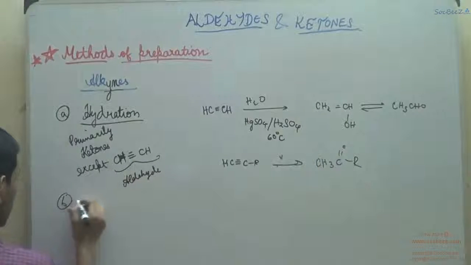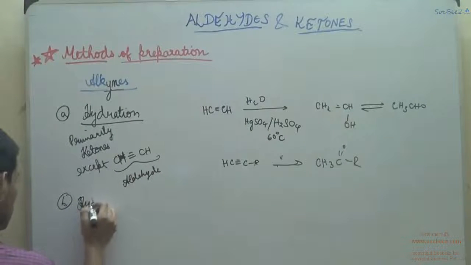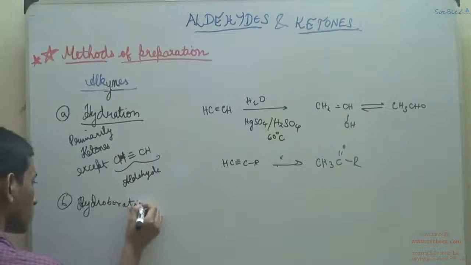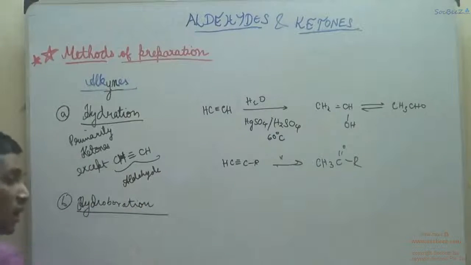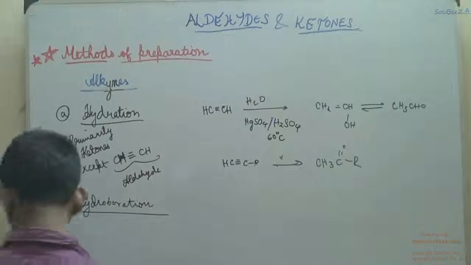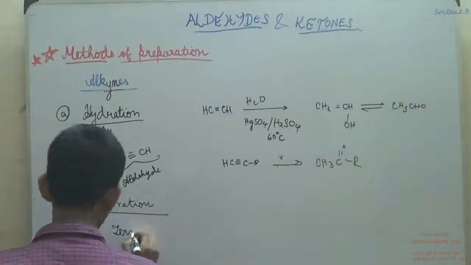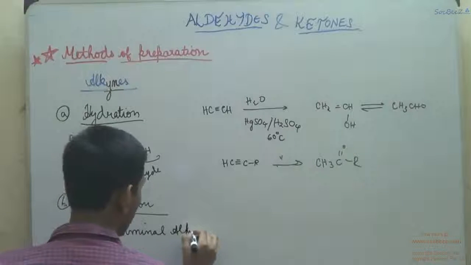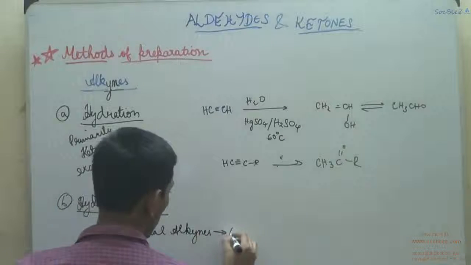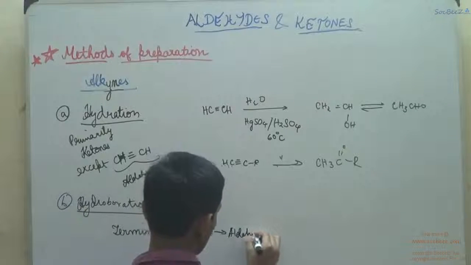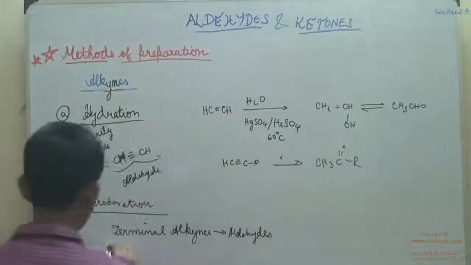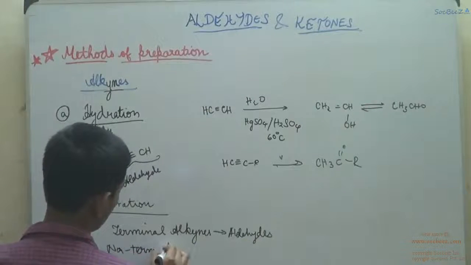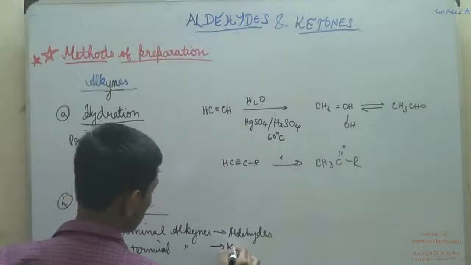Okay, next hydroboration. Remember, terminal alkynes give rise to aldehydes, whereas non-terminal alkynes give rise to ketones.